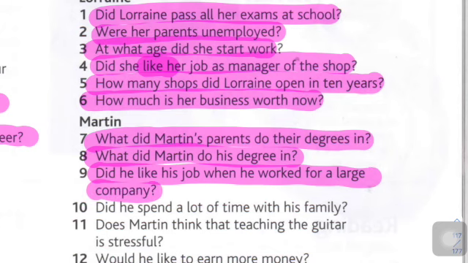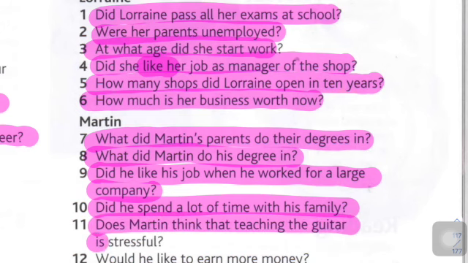Was he happy at work? Number 10, did he spend a lot of time with his family? Okay, this is another yes no question. And 11, does Martin think that teaching the guitar is stressful? And number 12, would he like to earn more money?